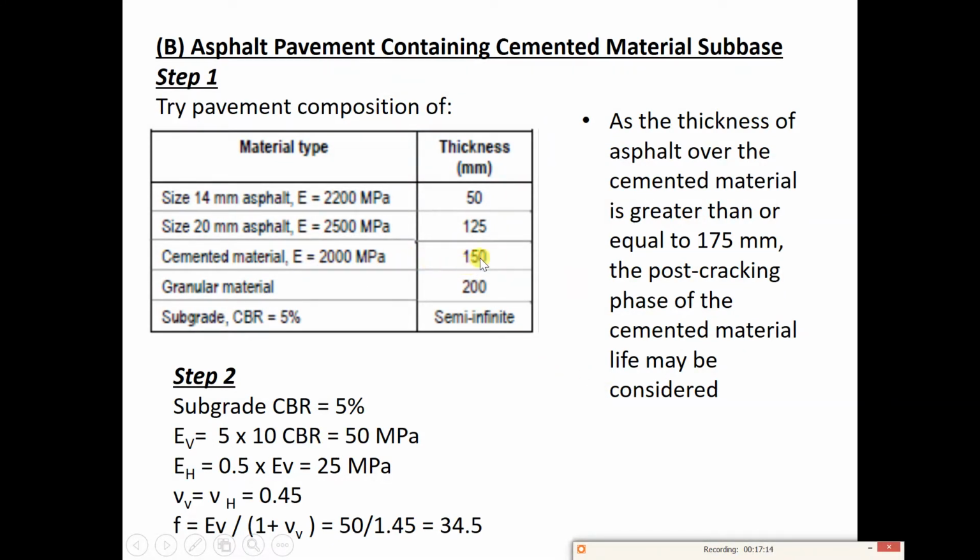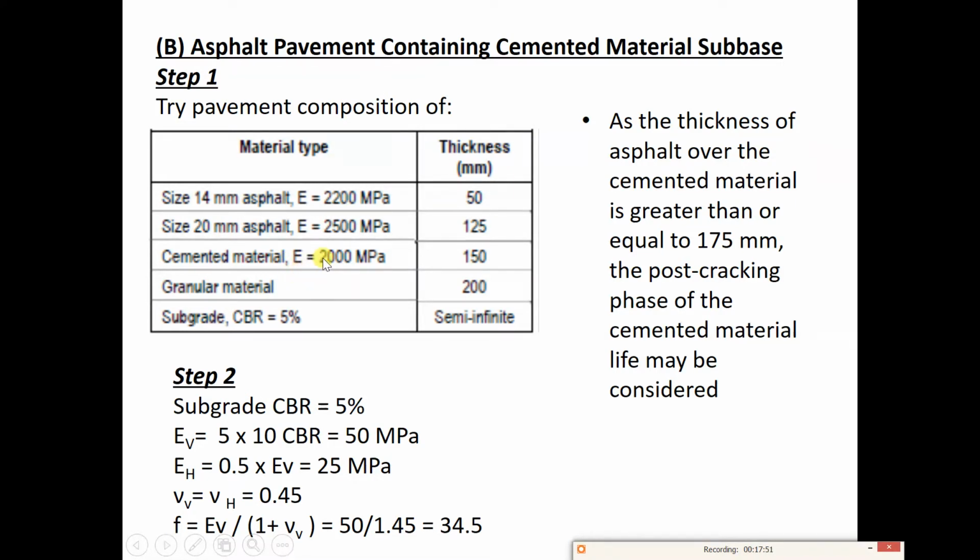In this case, we can consider the scenario where the cemented material cracks, so there is a pre-cracking phase and then a post-cracking phase. If you opt not to consider cracking, that means you want to design so that there's no cracking in the cemented material, and then your thickness probably has to be greater.